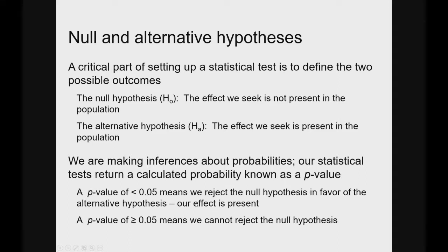But ultimately, the probability value that we get out is the most important thing for drawing our conclusion, and that's what's known as a p-value, p being short for probability. Now, I think everybody's probably aware of this number, 0.05. If we get a p-value of less than 0.05, we can reject the null hypothesis in favor of the alternative hypothesis, and we conclude that our effect is present, and that's when we can say our test had statistical significance.